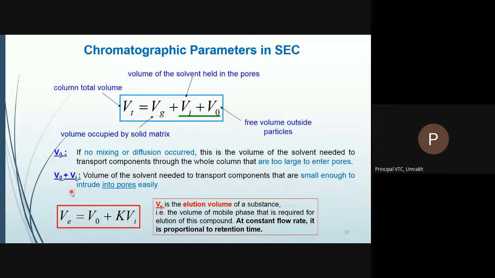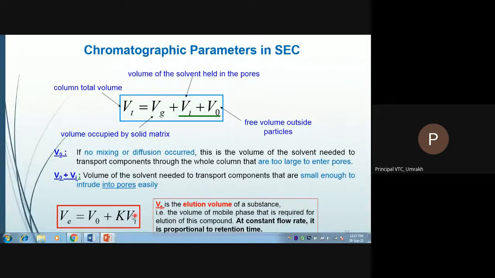Ultimately we can write the elution volume VE. VE is the elution volume, meaning how much mobile phase we need to elute any analyte. VE is equal to V0 plus K Vi. It is the volume of mobile phase required for elution of the compound, and at constant flow rate it will be proportional to retention time.